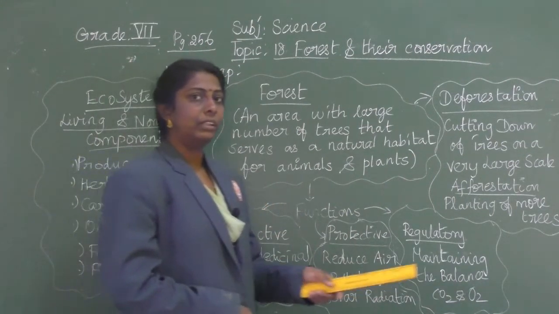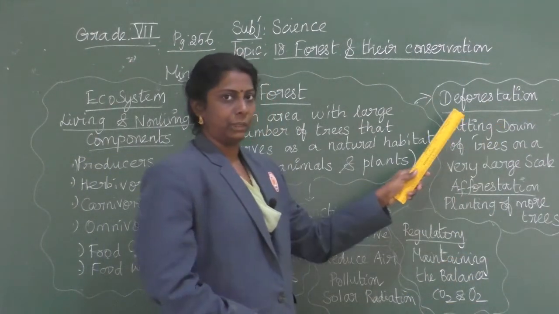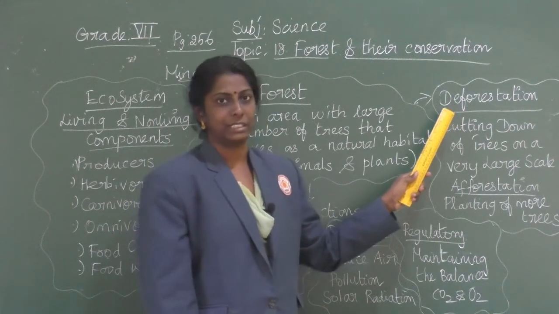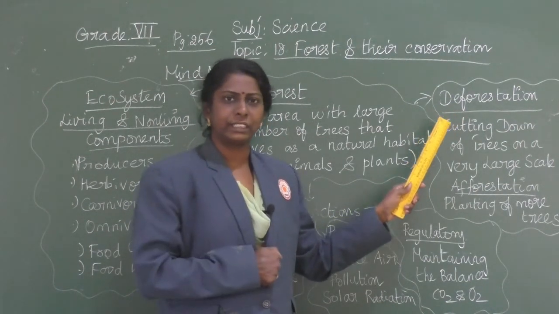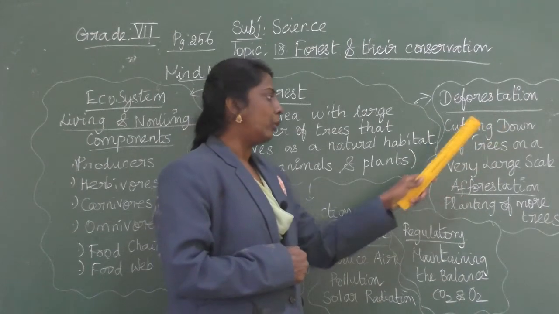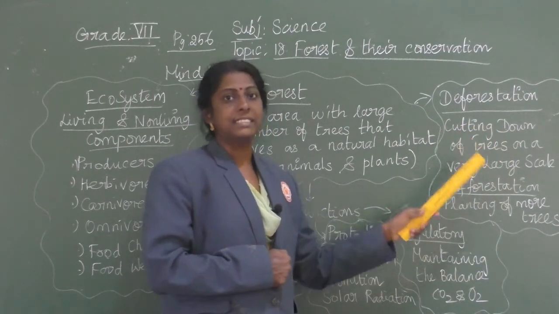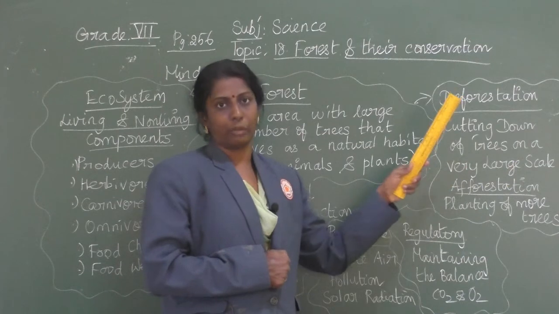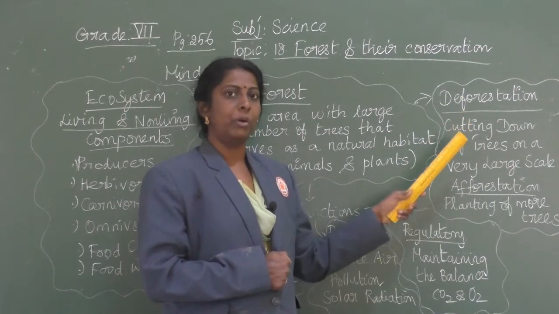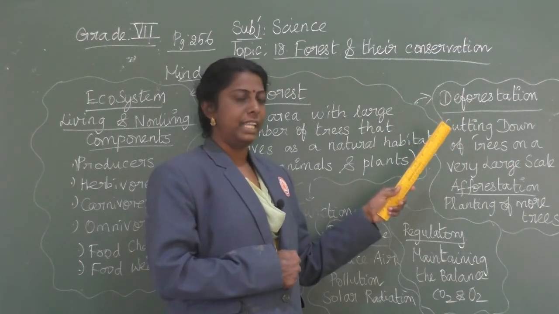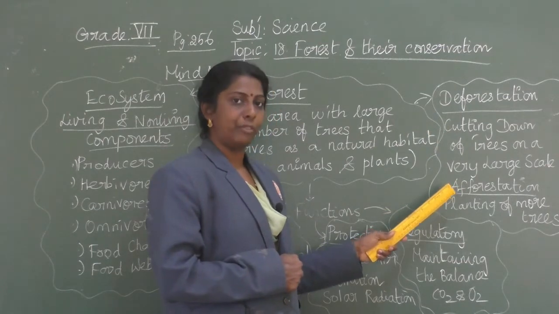Next thing we are going to learn about deforestation. What do you mean by deforestation? Cutting down of trees on a very large scale is called deforestation. Next we are going to learn about afforestation.